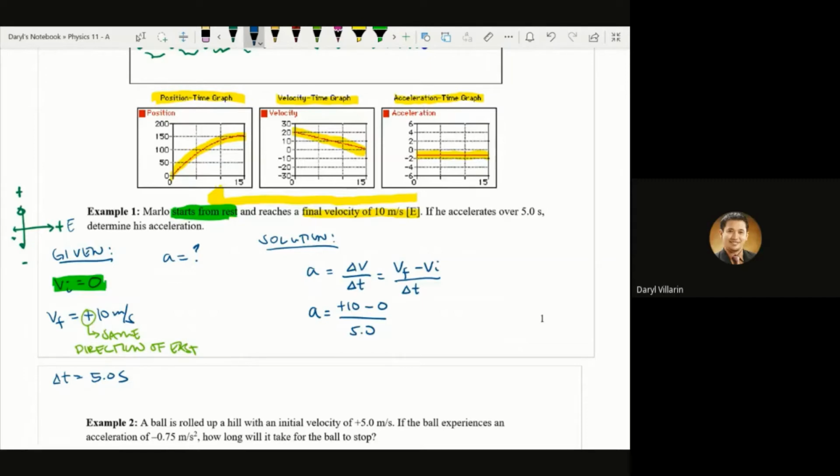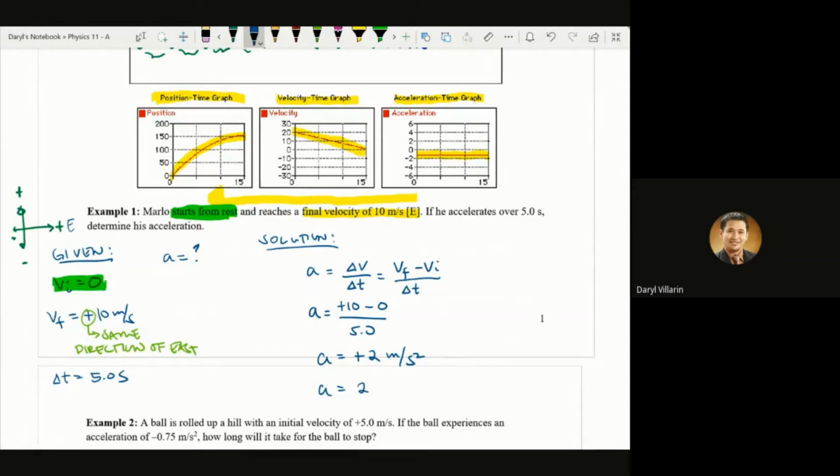If you're wondering, I didn't place the units here, okay? However, if you're using the standard units, like for velocity it's meters per second and the time is in seconds, automatically it gives you an idea that the final answer would be meters per second squared. So a would be positive 2 meters per second squared. And again, the positive sign here indicates that it should be in the positive direction, which is east.